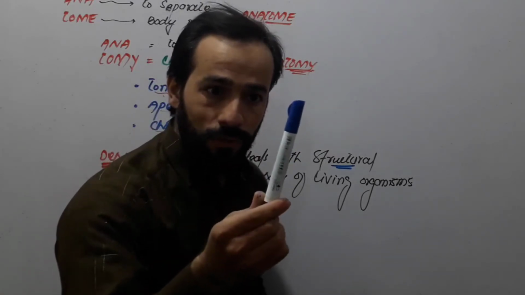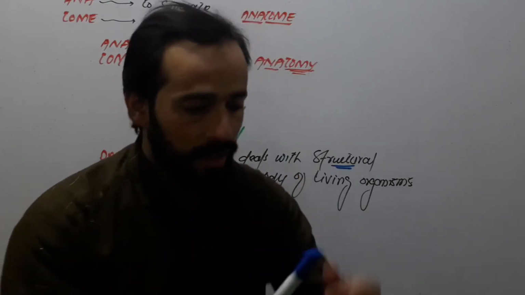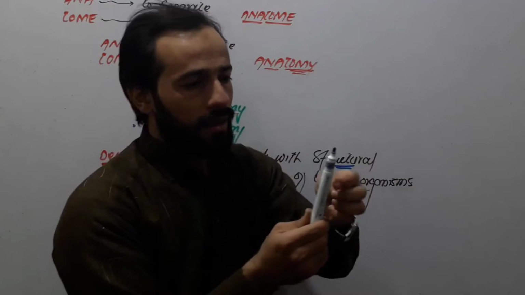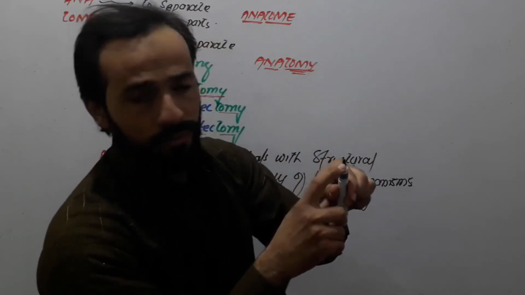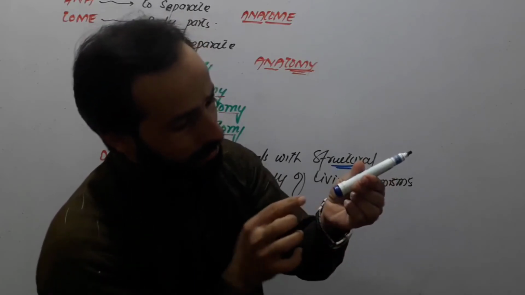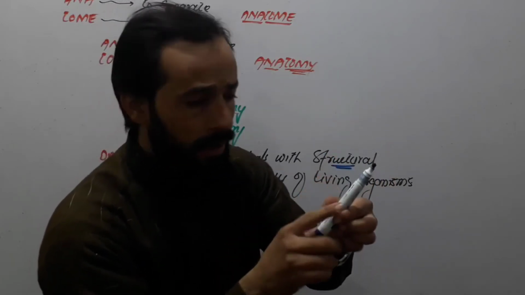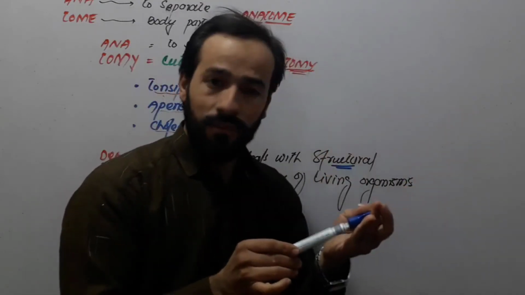If you want to know about the anatomy of this marker, it's very easy. Look, it has a tip, right? And it has another tip which is used for writing. It has a head here, it is a tube, and inside it there is a foam, and these are the different parts of it, right?